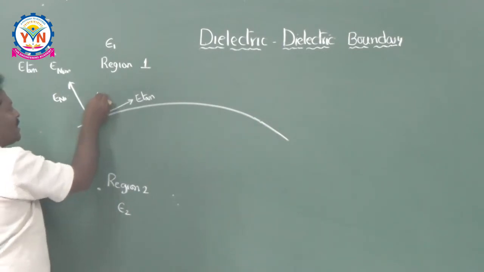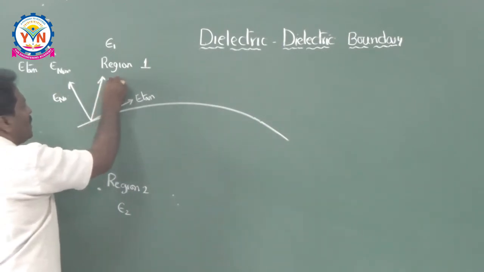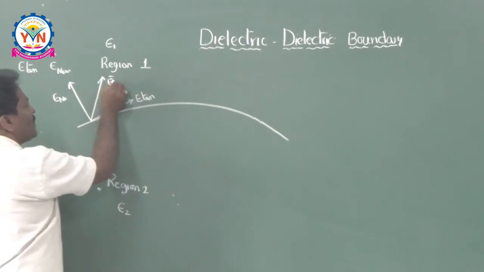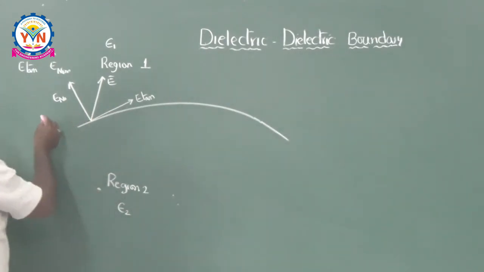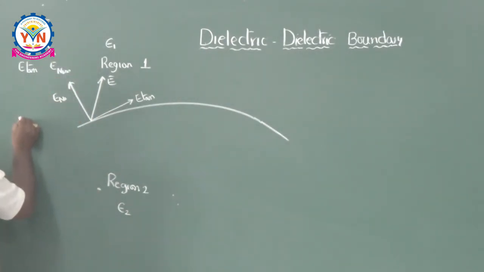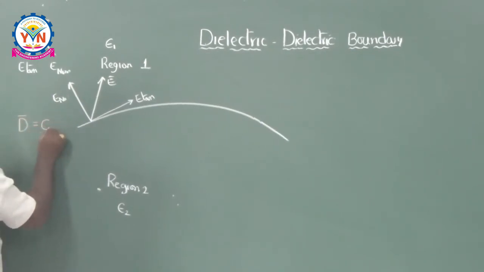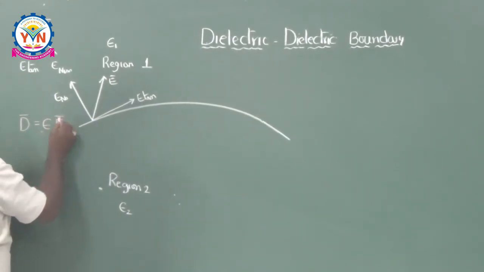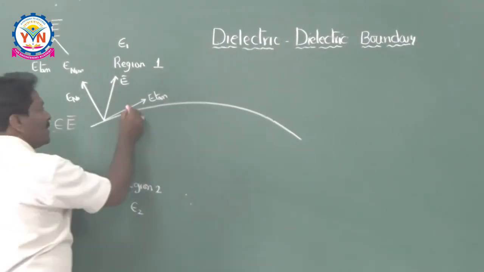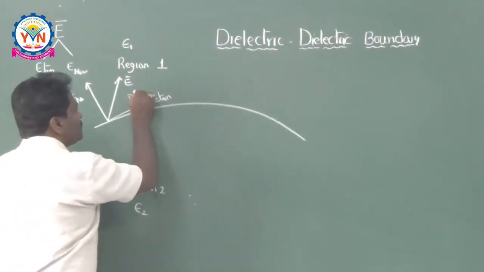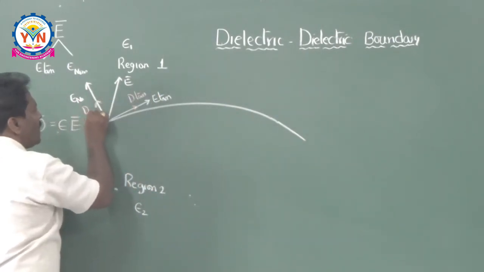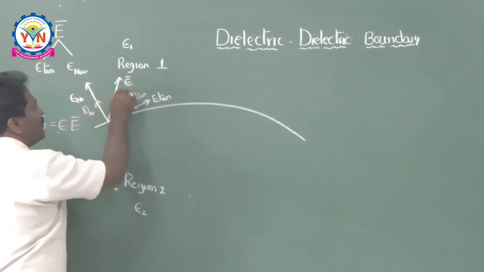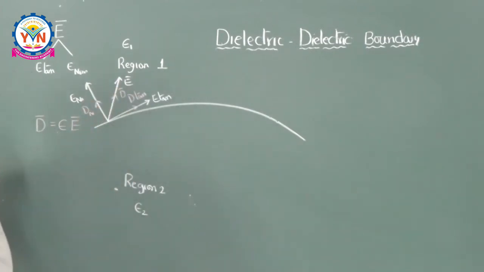The resultant is the electric field intensity E bar. Your D bar will also be in the same direction, because D bar is equal to epsilon times E bar. They differ in magnitude, but the direction is the same. So this is D tangential, this is D normal, and this is D bar, the resultant of these.